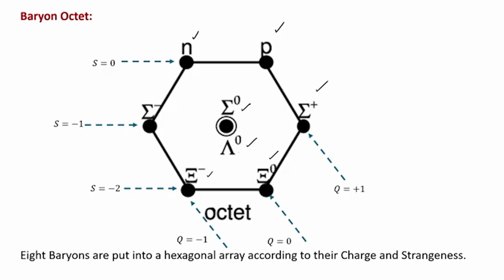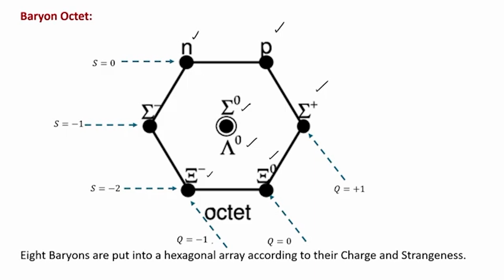So, along these slanted lines, we have charge equal to plus 1 in units of proton charge. The proton and the sigma plus particle have this charge q equal to plus 1, and then along this diagonal, the neutron, sigma 0, etc., are there, so the charge is equal to 0.